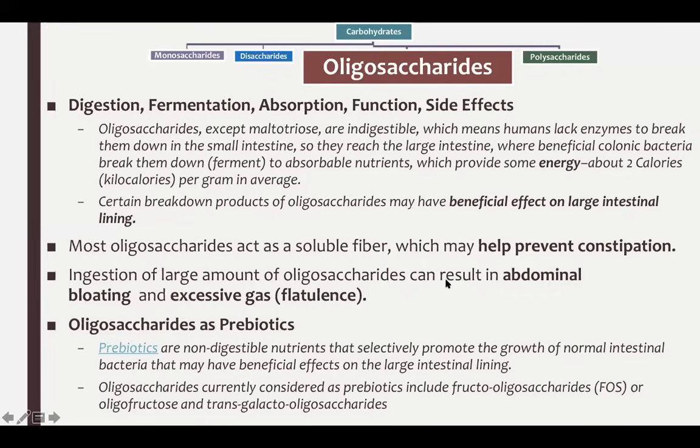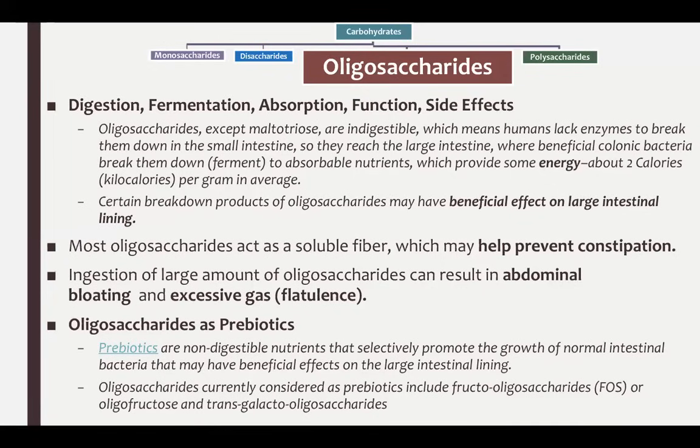But if we eat a lot of those vegetables or fruits, they may cause abdominal bloating or gas formation. Likewise, if oligosaccharides are ingested in a large amount, they can also produce abdominal bloating and excessive gas, as they are broken down by the large intestinal bacteria.